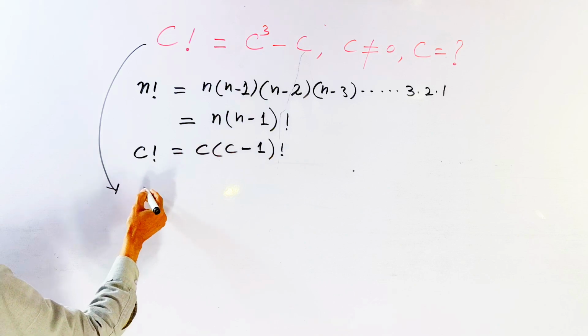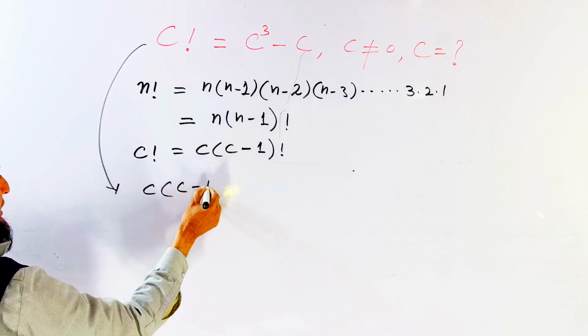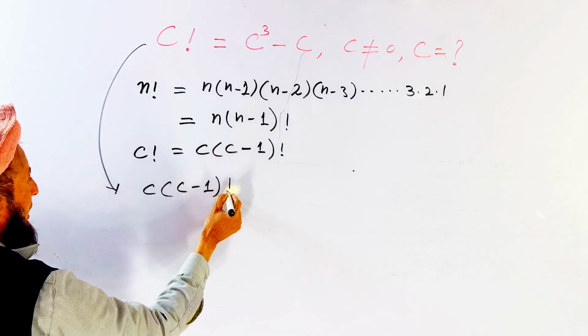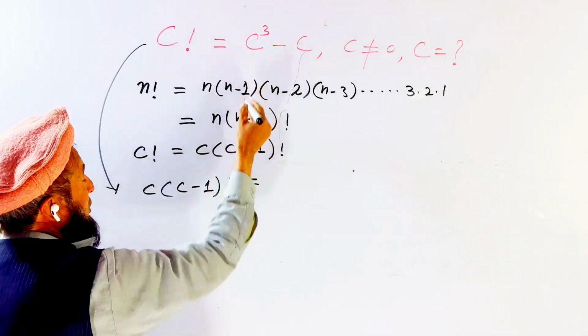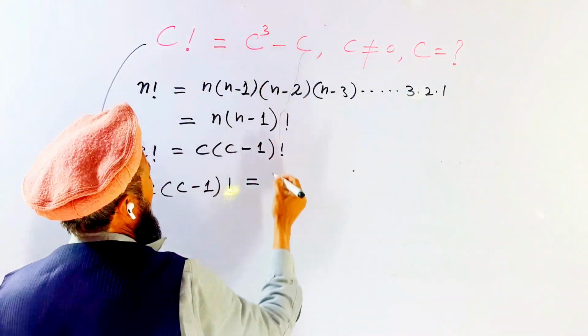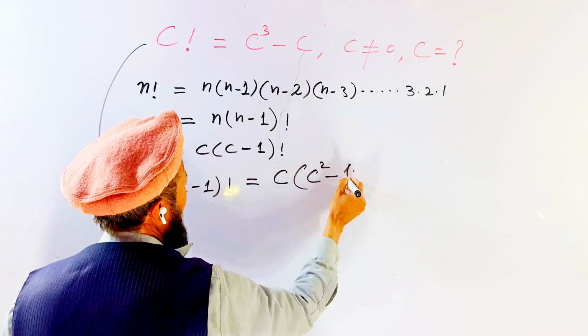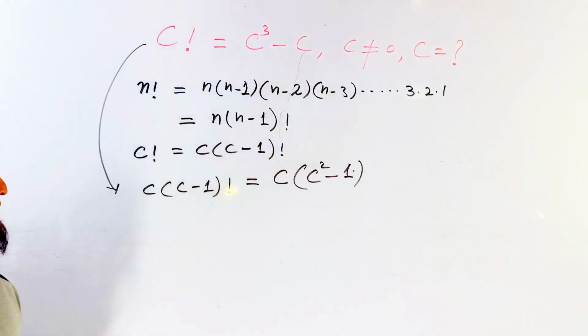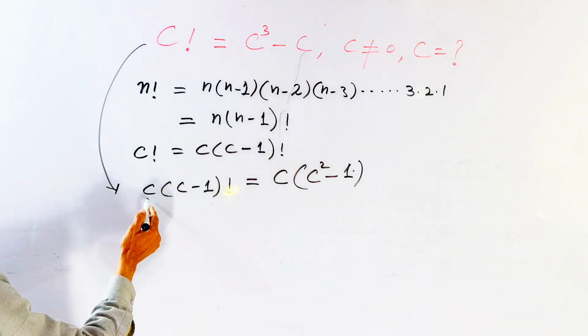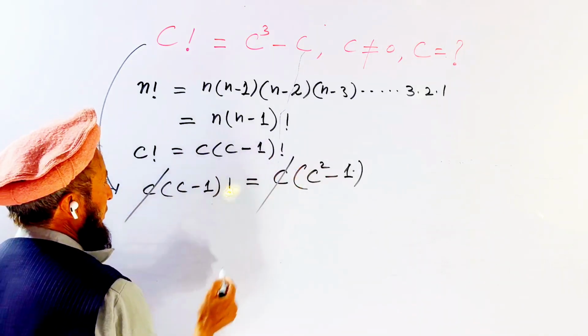So here C into C minus 1 factorial is equal to C cube, taking C common. C is common, so C square minus 1 is remaining. Now look here, dividing both sides by C, the C's cancel each other.